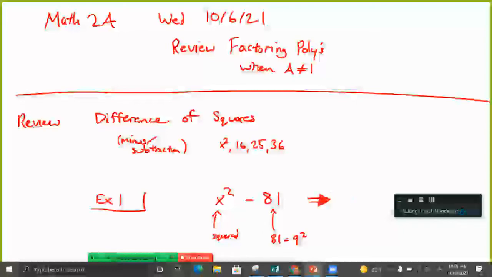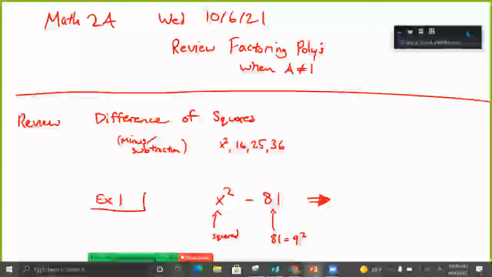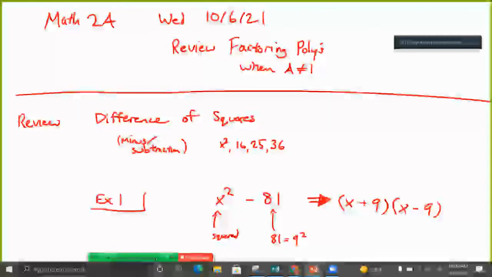As long as it's a subtraction of two squared numbers, then it simplifies to x plus 9, the square root of 81, times x minus 9. x plus the square root, x minus the square root of whatever the 81 term is, the C term. Remember, this is basically the C number, ABC for our polynomial.